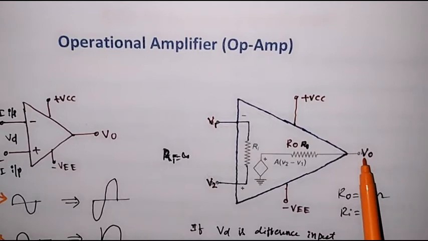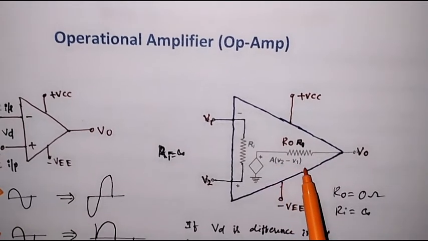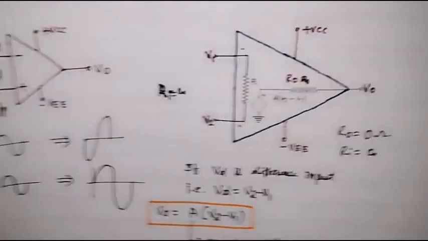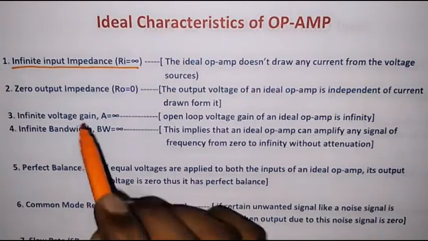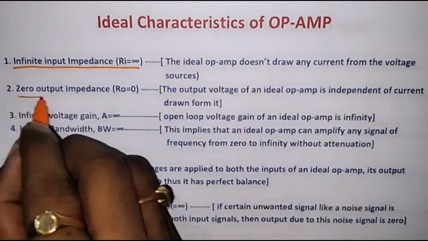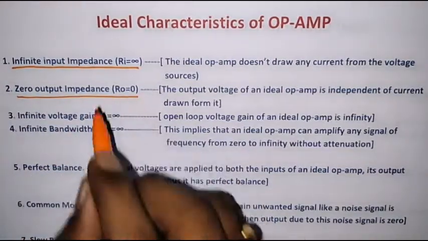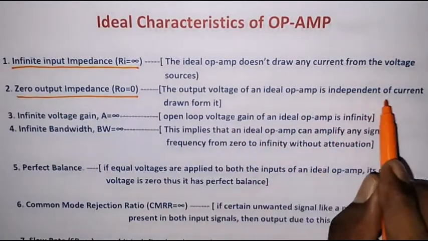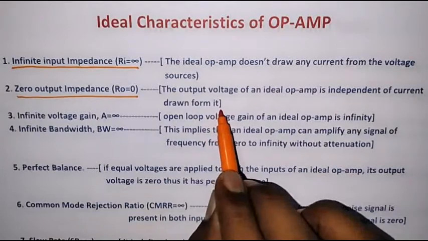Therefore, Vo will be equal to A into V2 minus V1, which is nothing but the output voltage of operational amplifier. So, the output impedance of op-amp should be 0, that is Ro equal to 0. The output voltage of an ideal op-amp is independent of current drawn from it.